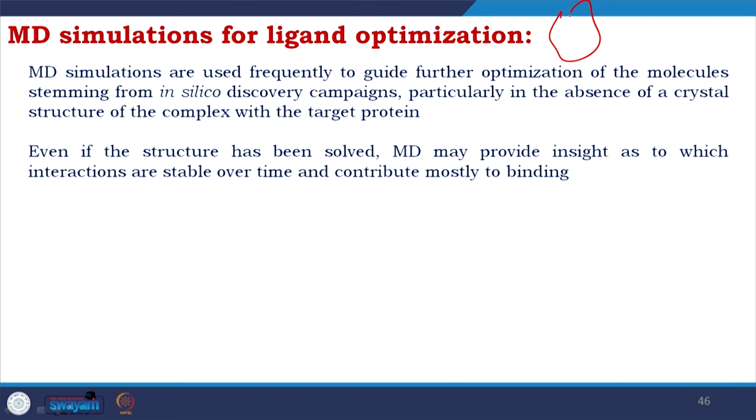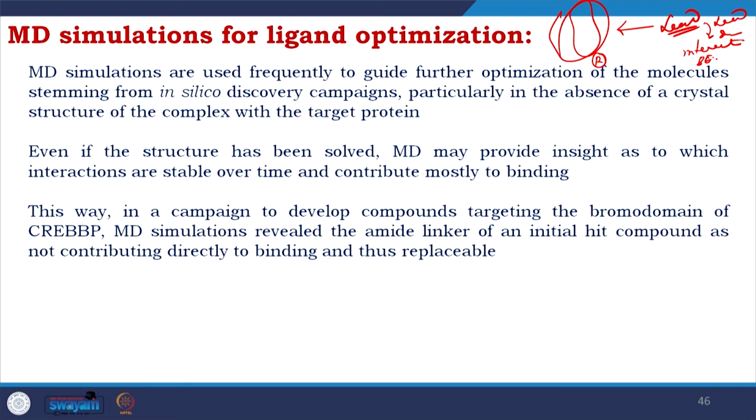As I told, you have the ligand, so you have the protein structure in high resolution, you have the receptor, you have the lead. Now, you make lead derivatives and do simulation, see the interactions as well as binding energy calculation.